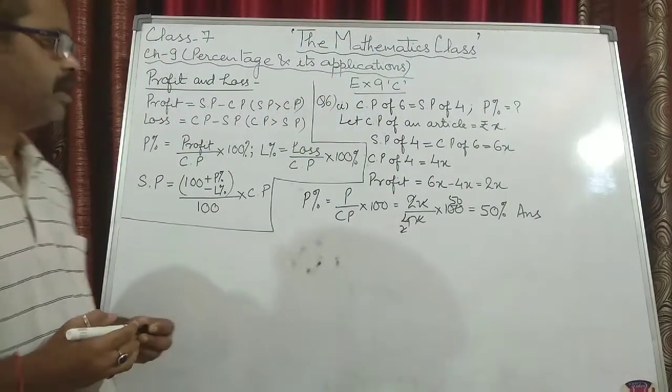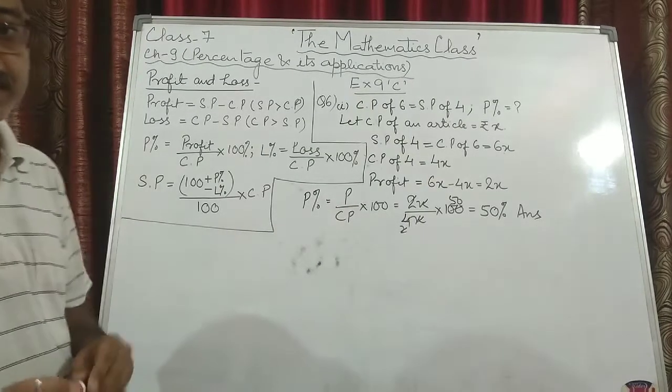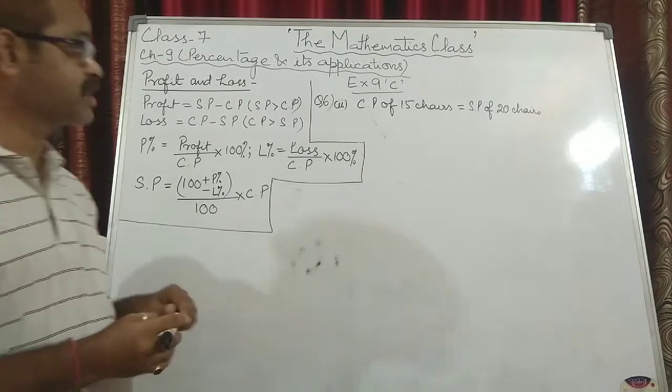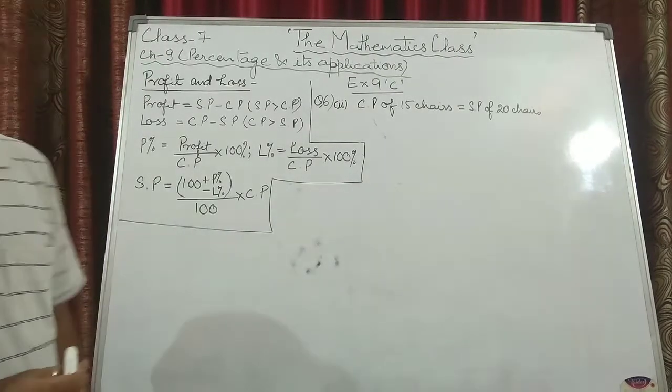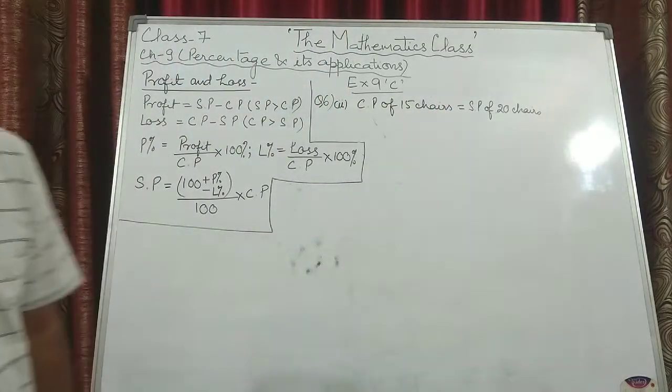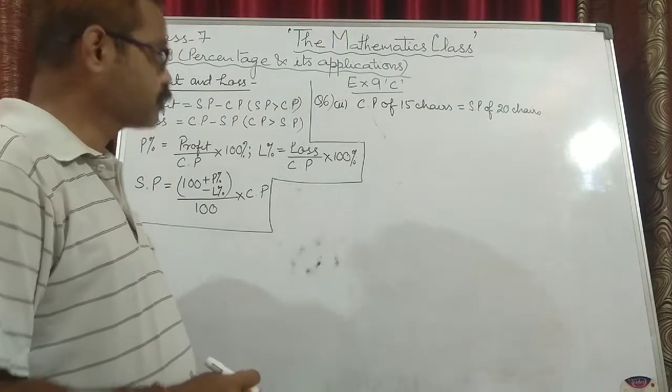Now we move on to the next question, the second part. The second part of the sixth question is: if the cost price of 15 chairs is equal to the selling price of 20 chairs, find the loss percent.